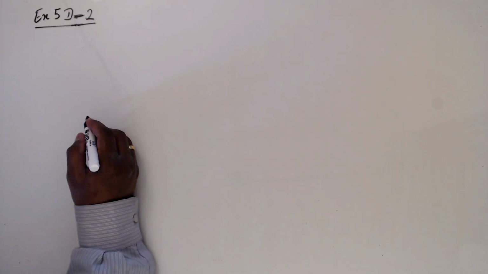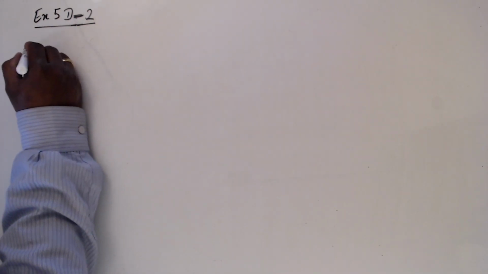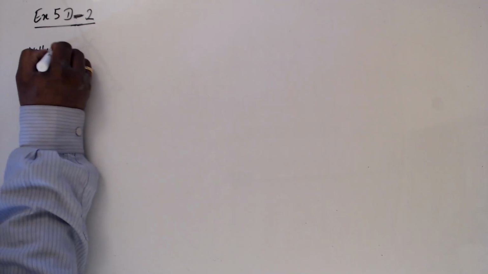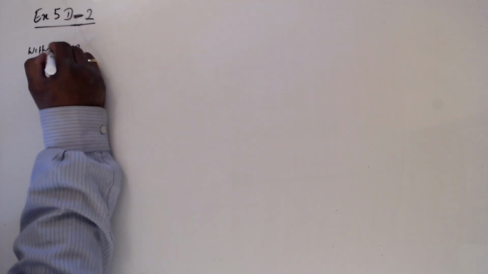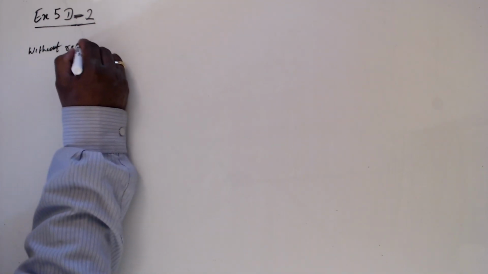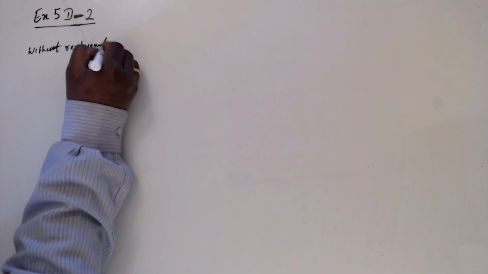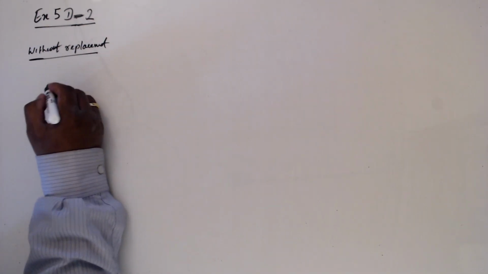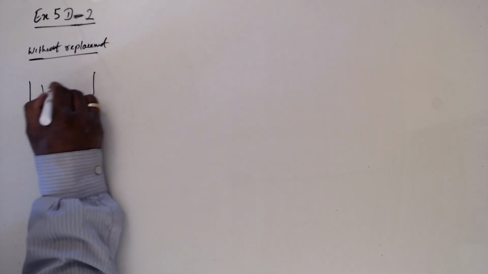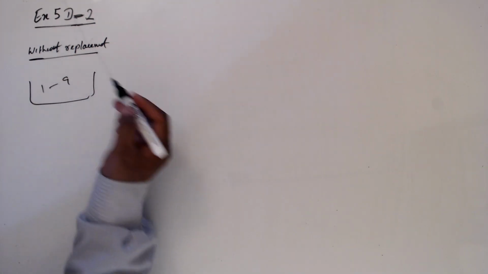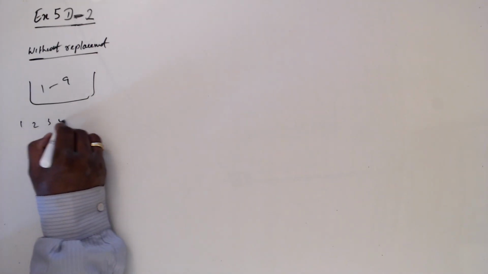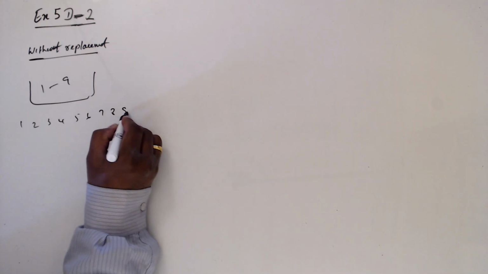Question number 2. In a box, there are cards 1 to 9. A card is drawn at random and not replaced. So this is without replacement. Cards 1, 2, 3, 4, 5, 6, 7, 8, 9.